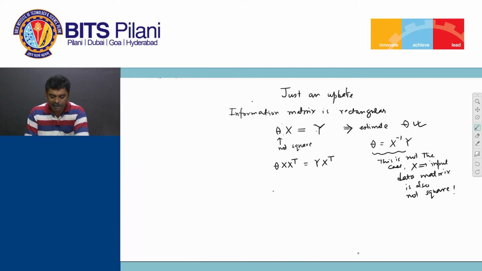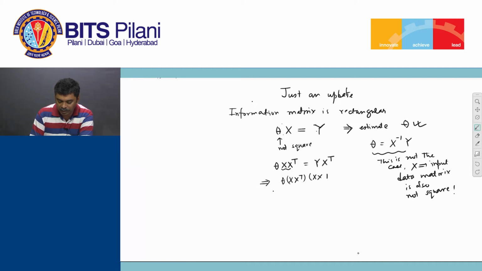If you do that, you make this square, and then you can estimate theta. You can do the x transpose x inverse, and you do that here as well, and there you go, you get this.